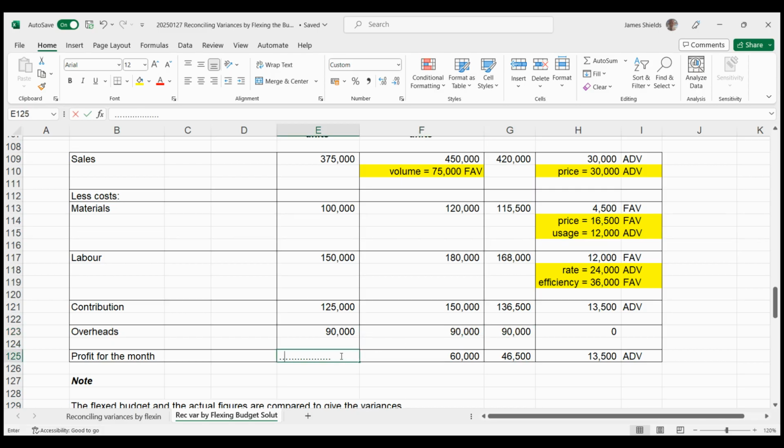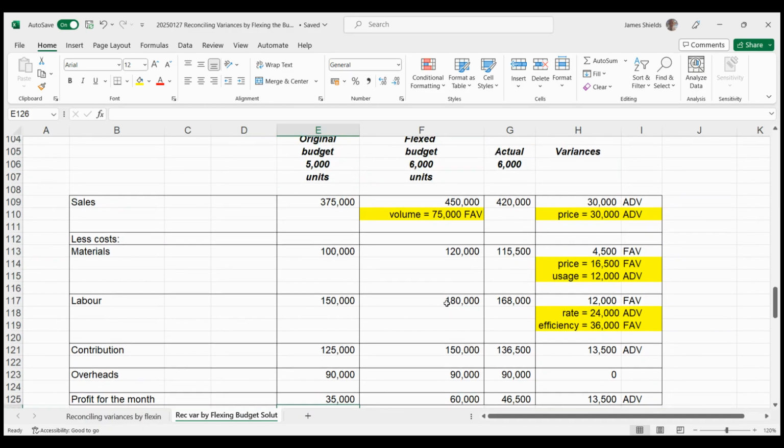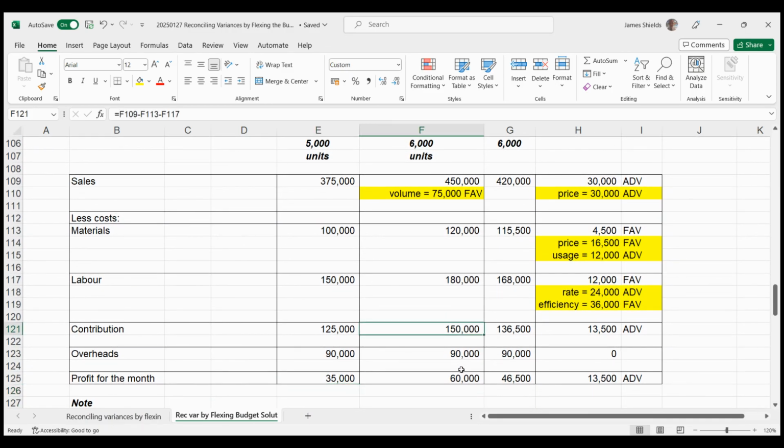Profit for the month is going to be your contribution, take away your £90,000. And then for the 6,000 units, 150,000 take away 90,000 gives us 60,000. And the actual, 136,500 take away 90,000, gives us 46,500. Now we check these two figures in the question.